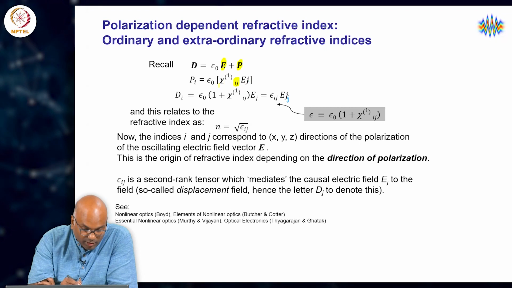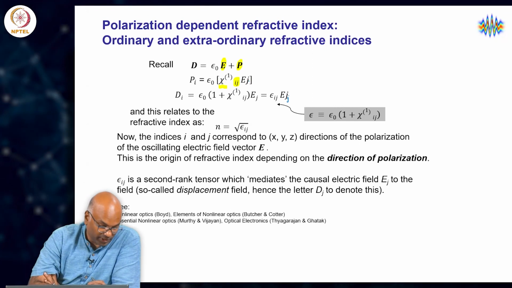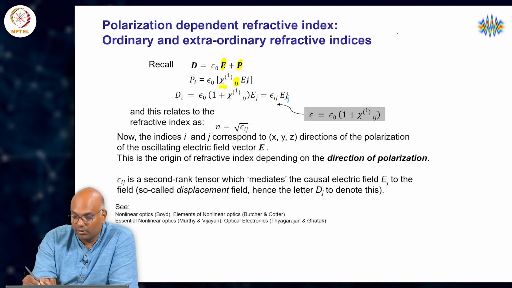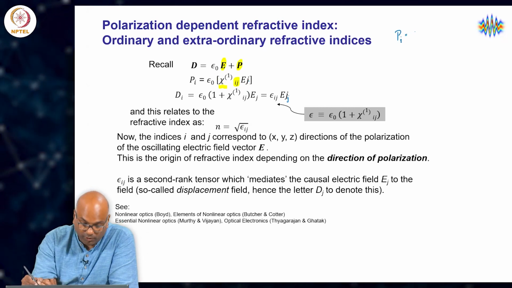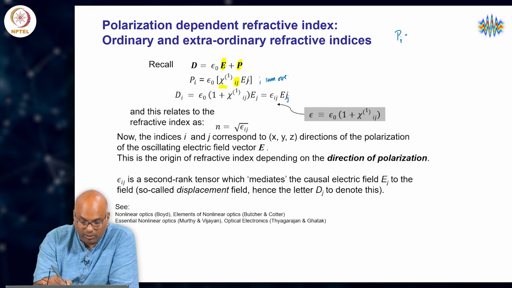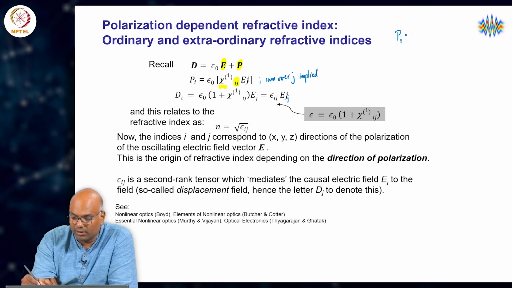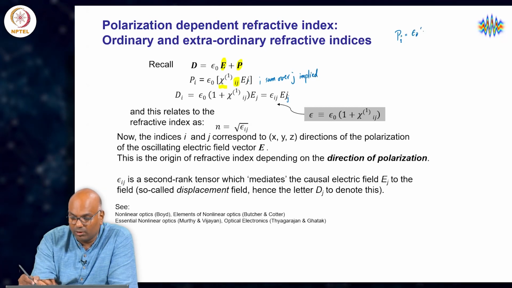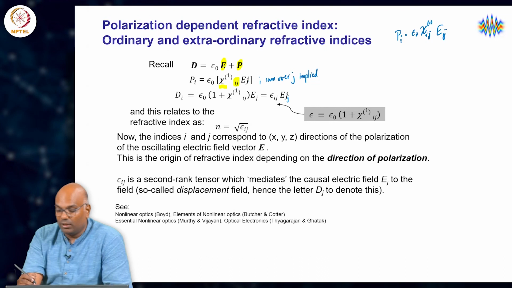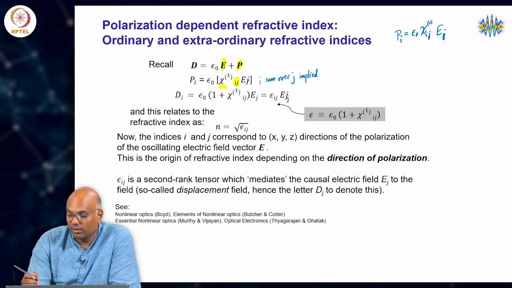If we treat chi to be a scalar, then we are in the approximation where we are working in an isotropic medium, which is not the most general of cases or conditions. First of all, here the sum over j is implied. So we are using the summation convention. Pi is epsilon naught chi ij Ej, with the sum over j again implied.